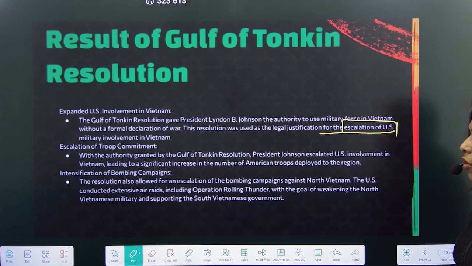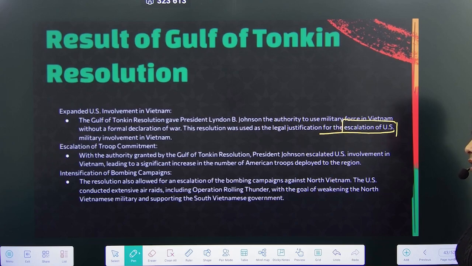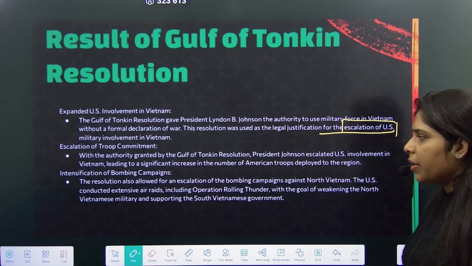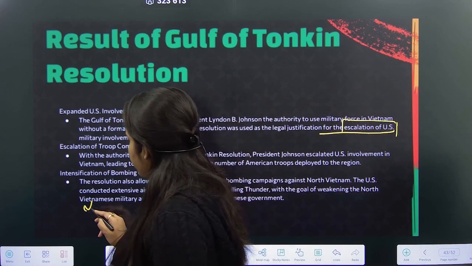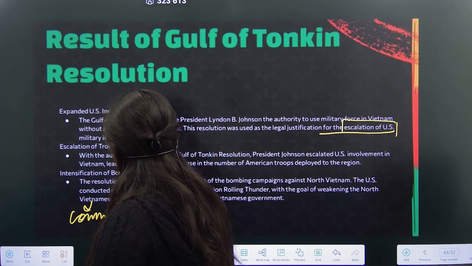This resolution also allowed for an escalation of the bombing campaigns against North Vietnam. The US came up with extensive air raids, Operation Rolling Thunder. Their aim was to weaken the North Vietnamese military and support the South Vietnamese government. Now, North Vietnam was communist, and it was extensively backed by China.